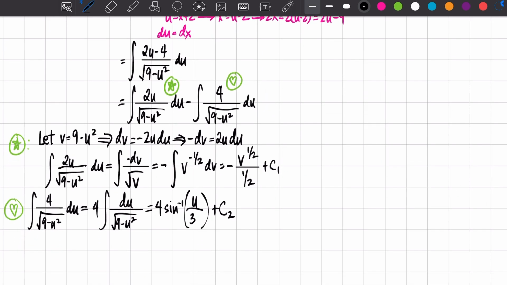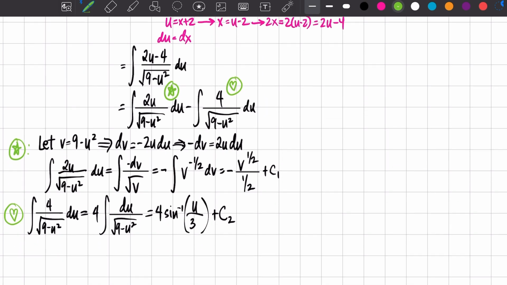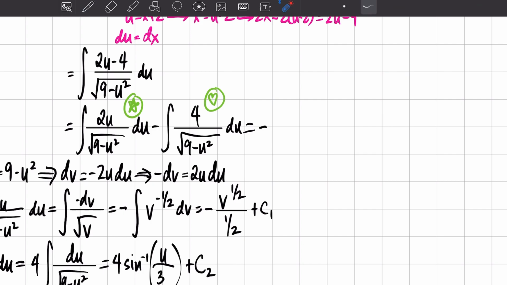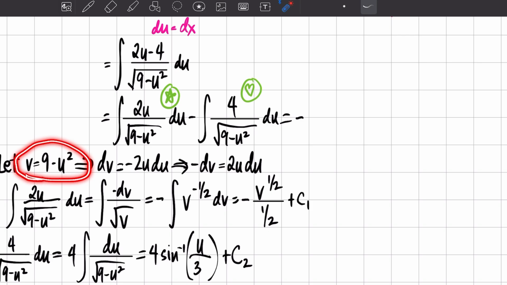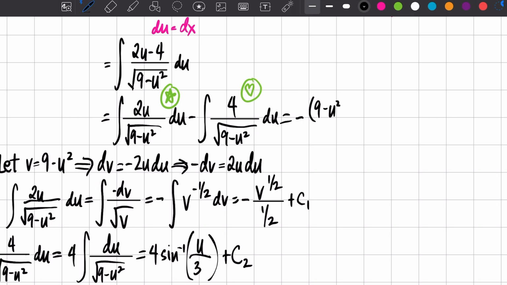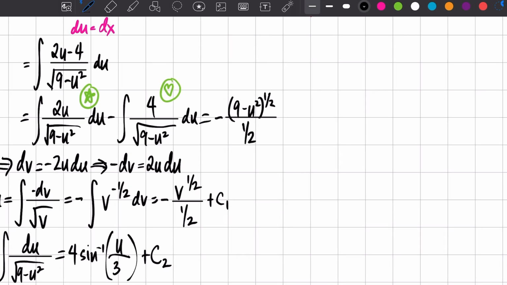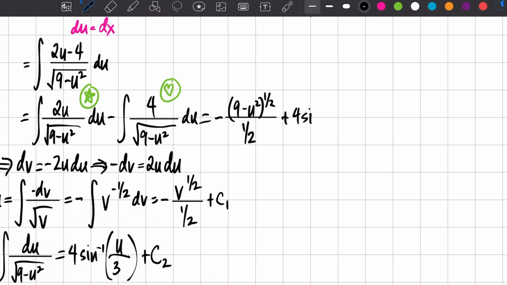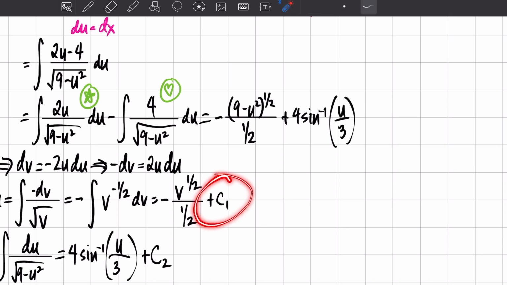And so this entire thing right here will just be equal to, for the first one, a negative v raised to 1 half over 1 half, but your v is 9 minus u squared, so that's negative 9 minus u squared raised to 1 half all over 1 half, plus you have here your 4 sine inverse of u over 3, then plus c1 plus c2.